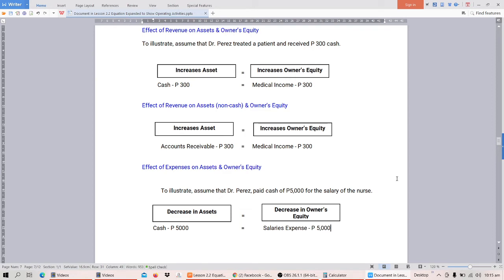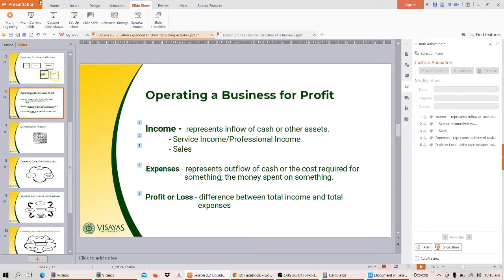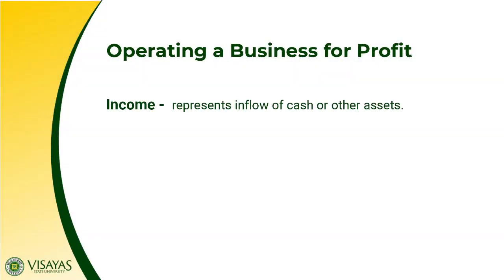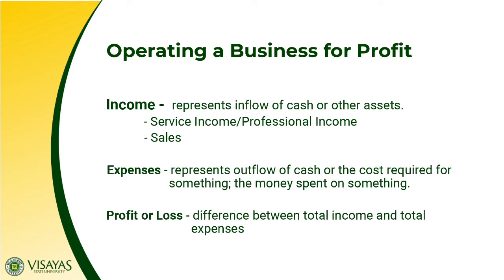So next one is the profit or loss. The difference between the total income and the total expenses is your profit, net profit, or your net loss.